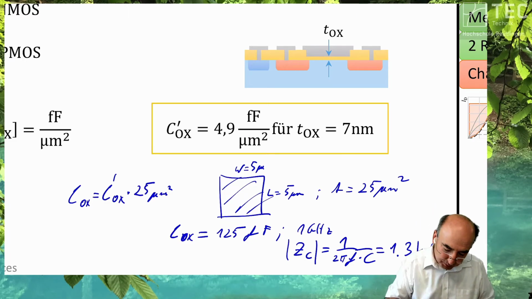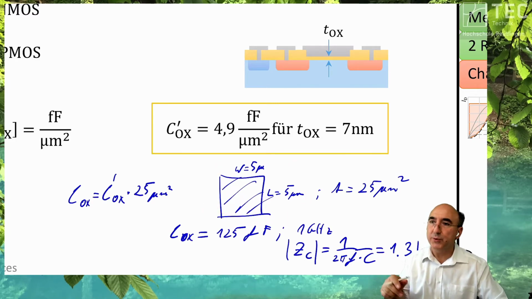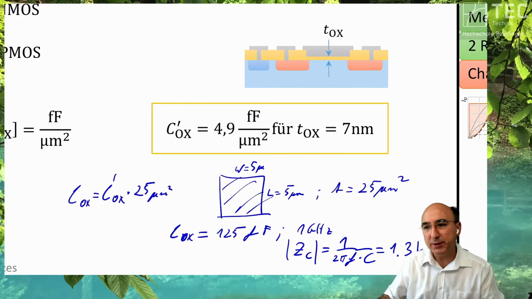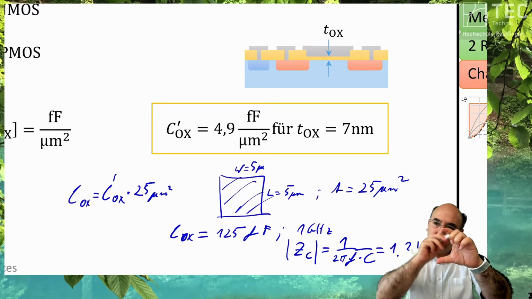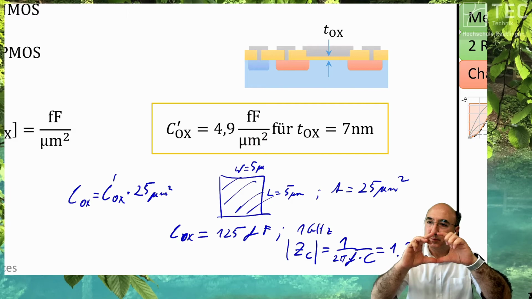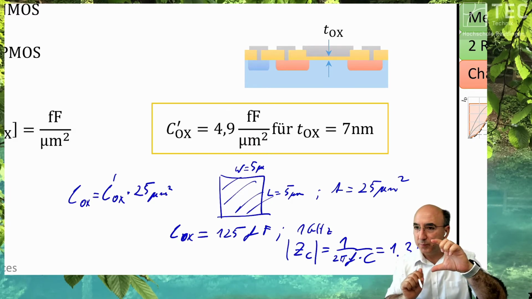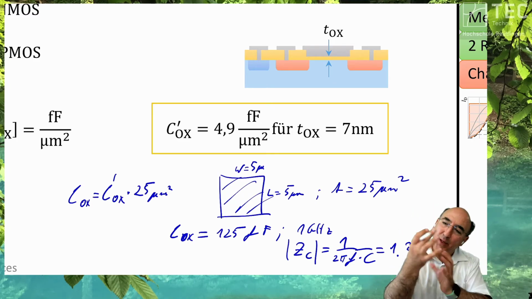By having such a small area, if you go towards high frequency applications, you go towards impedances which are in the center of the Smith chart. And the center of the Smith chart is usually normalized to 50 ohm. That means all impedances are in the surrounding.